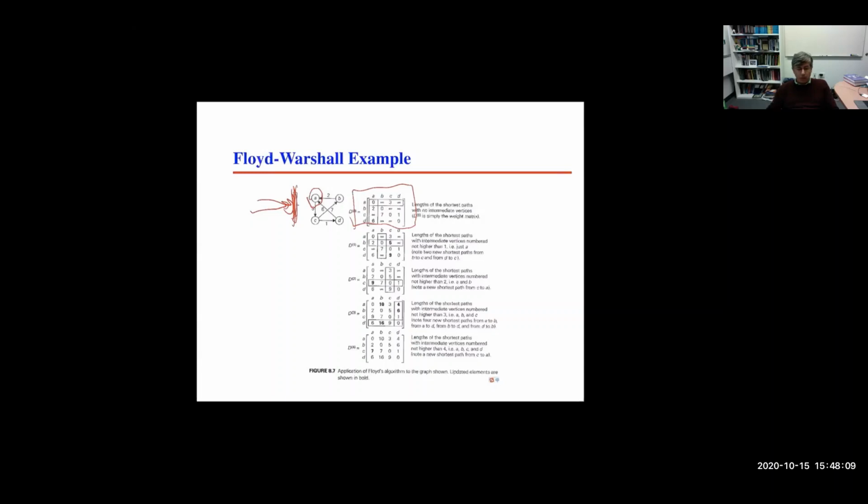It's only allowed to use A as an intermediary. The only places we can improve are the ones that have a path into A and a path out of A.